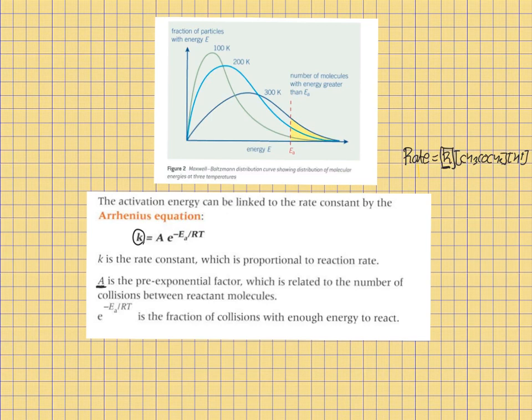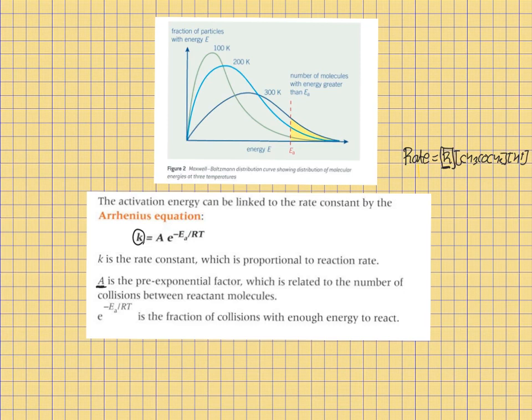A is something called the pre-exponential factor. And this is related to the number of collisions between reactant molecules. And we know from GCSE that if you increase the temperature, the frequency of collisions between reactant molecules increases. So we can now give this a value.